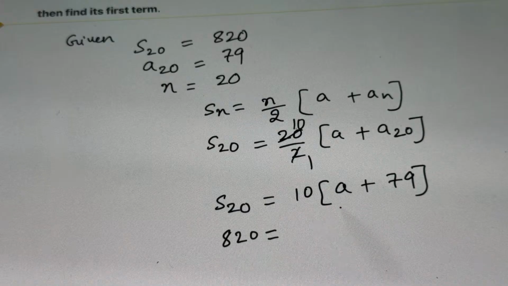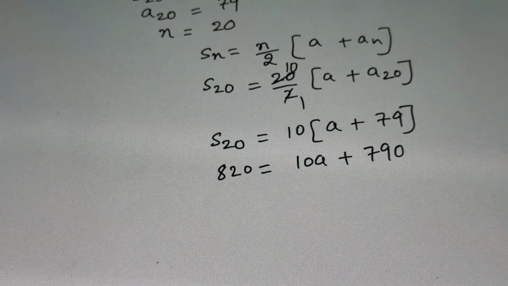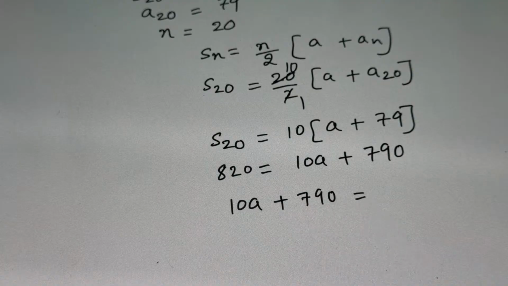That equals, you can multiply the value inside the bracket, 10 into a plus 10 into 79. So 10 into 79 is 790. Now we have LHS equals RHS, so you can write 10a plus 790 on the left side and 820 on the right side.